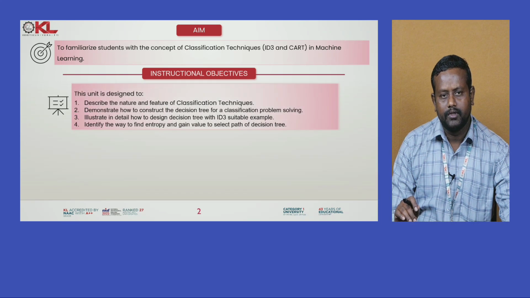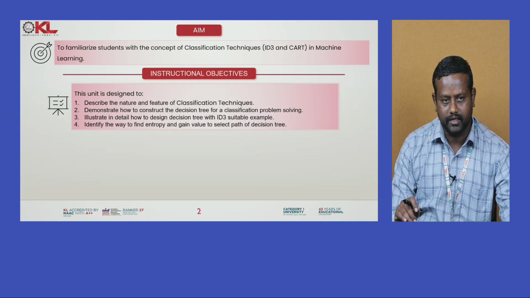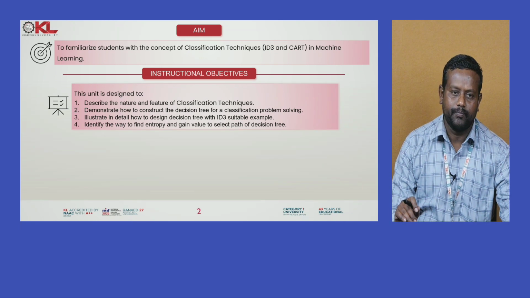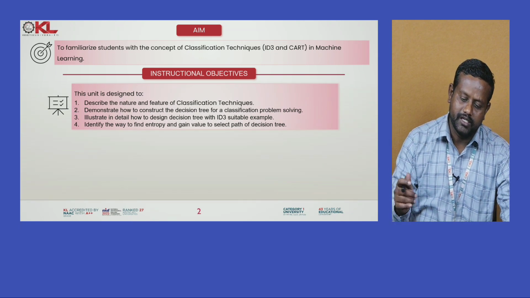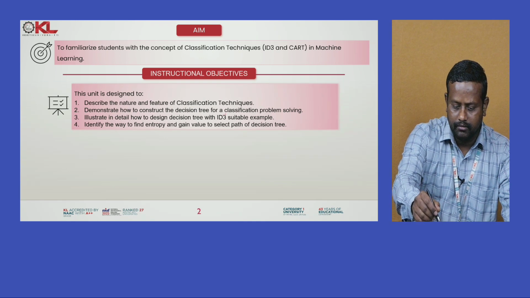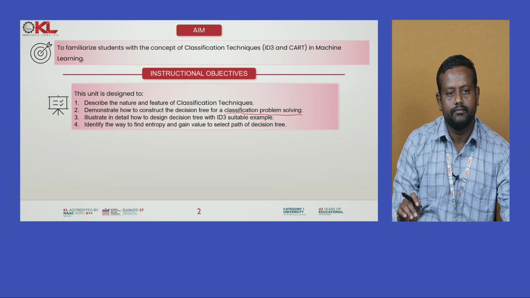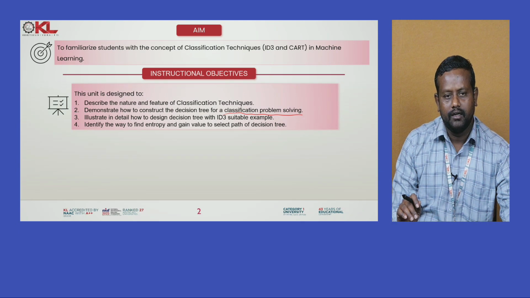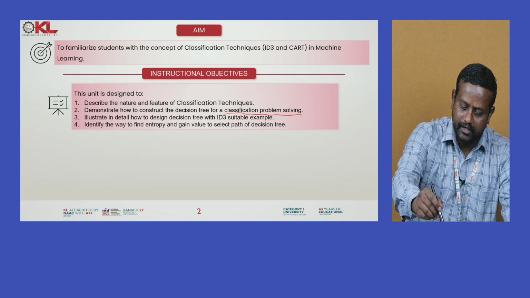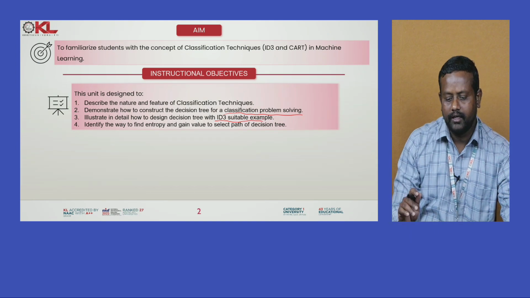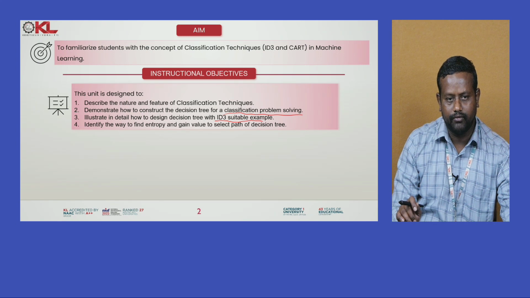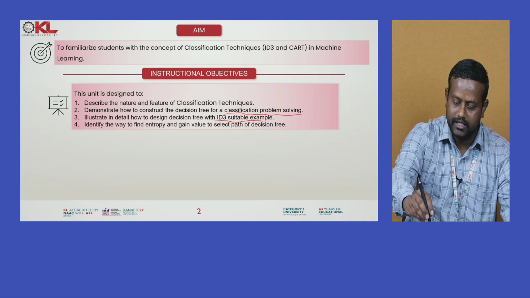For the above, the instructional objective is to describe the nature and feature of classification techniques, demonstrate how to construct the decision tree for the classification problems, illustrate in detail how to design the decision tree with ID3 and suitable examples, and identify the way to find the entropy and information gain value to select the path of making a decision tree.